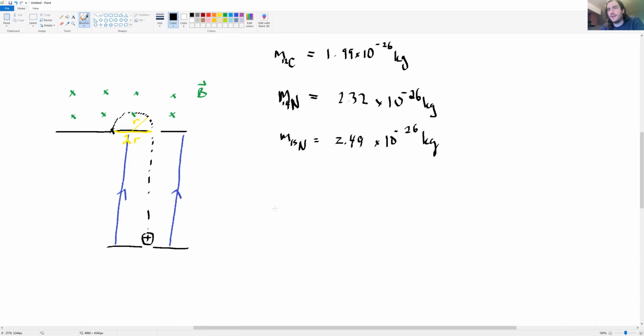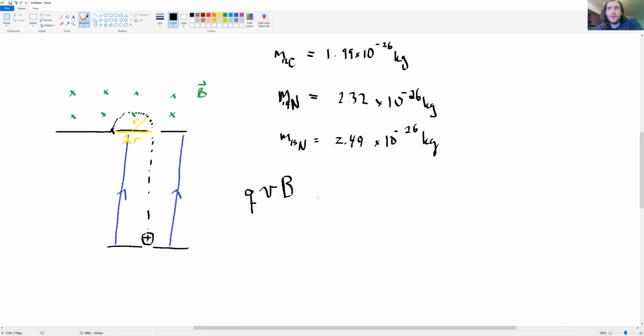Let's investigate now. So if this charged particle comes in with a velocity v, it's going to experience a force on it, the Lorentz force, which is going to be QVB, right? And we know that when a charged particle enters into a magnetic field, and that magnetic field is perpendicular to the velocity, we get circular motion.